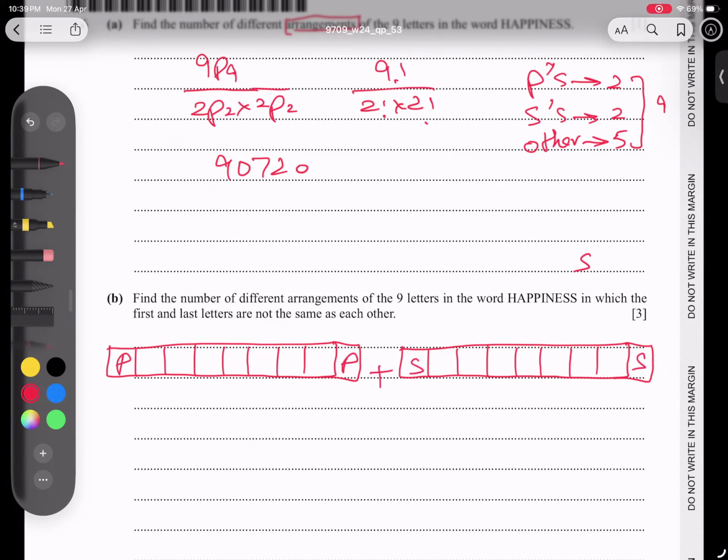So 1, 2, 3, 4, 5, 6, and 7. So 7P7 divided by 2P2. You may ask why 2P2 comes? Because when we talk about 2 P's together, what about the 2 S's? They are shuffled here, or they can be together. So those two S are repeating in the middle somewhere. That is why we divide by 2 factorial.